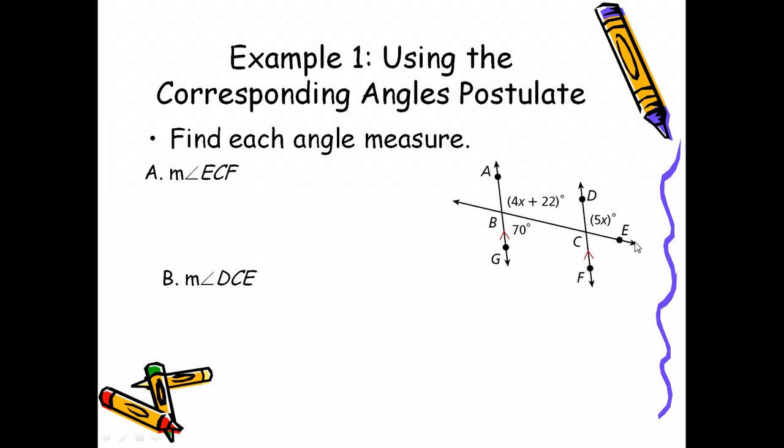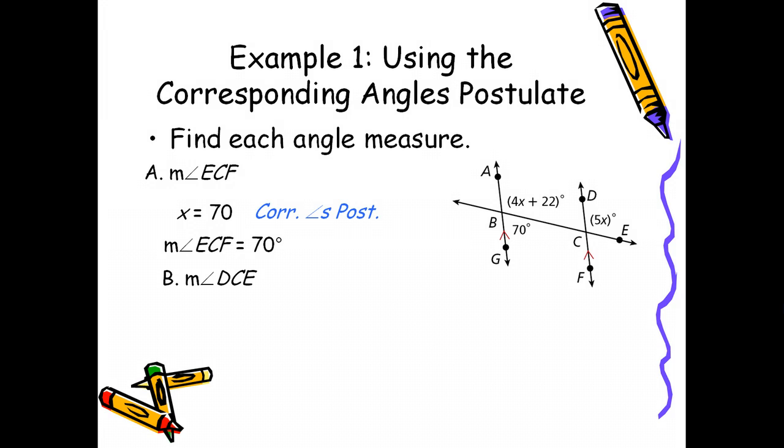And then we also have DCE and ABE, and they are corresponding angles. So we can look at the diagram and see that ECF is congruent to EBG by the corresponding angles postulate. So X, in this case, equals 70 degrees. The measure of ECF is 70 degrees.